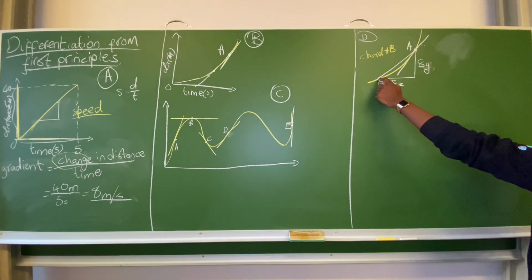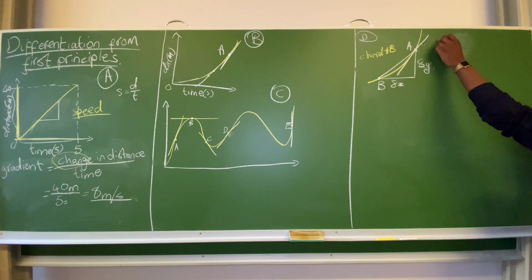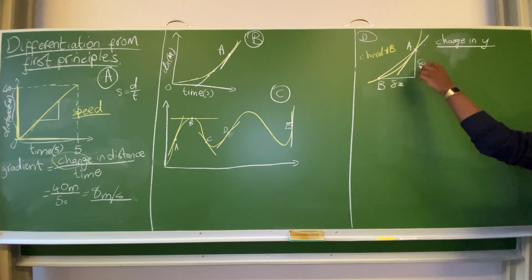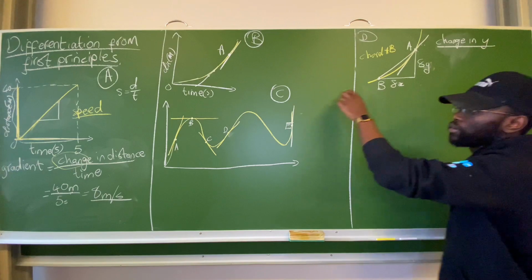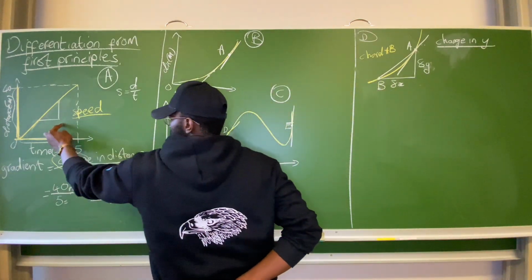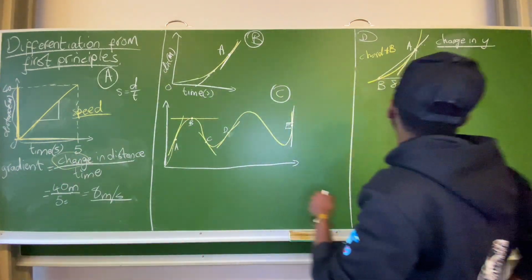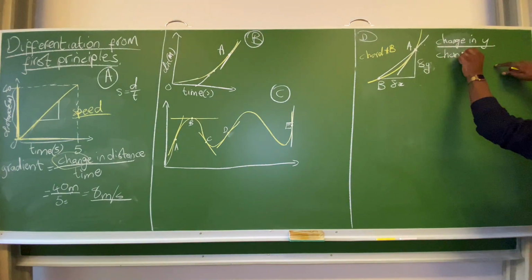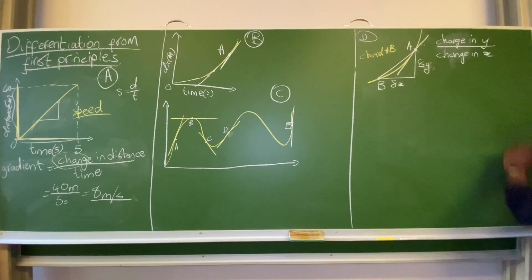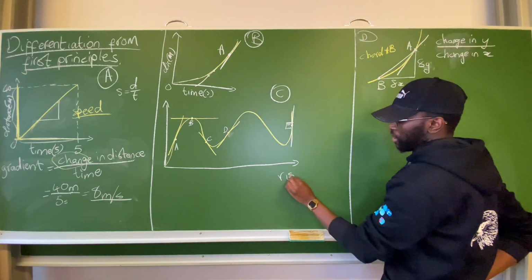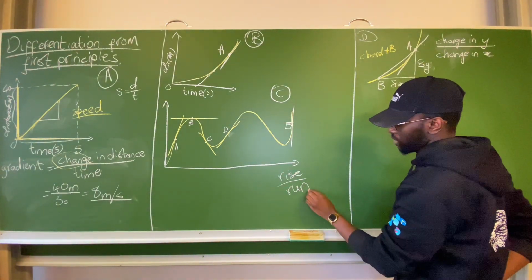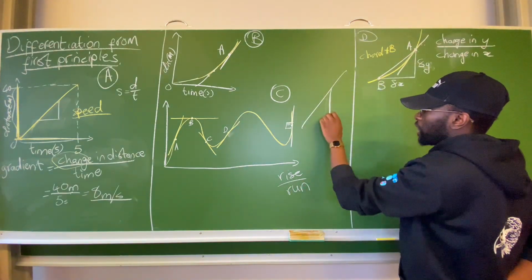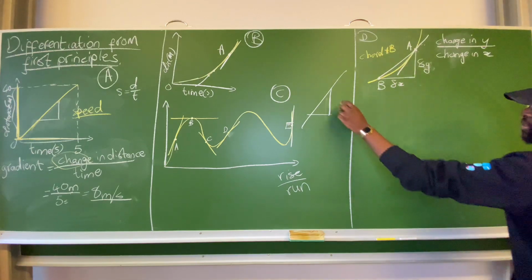So to calculate the gradient of the chord A, we are going to look at the change in Y, the change in the vertical, over the change in distance. So we are going to do change in Y over change in X. We call that rise over run.